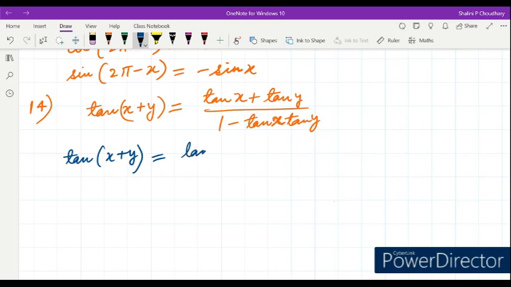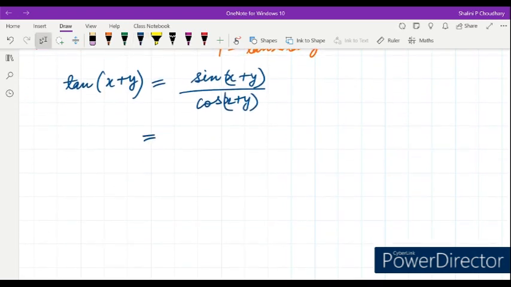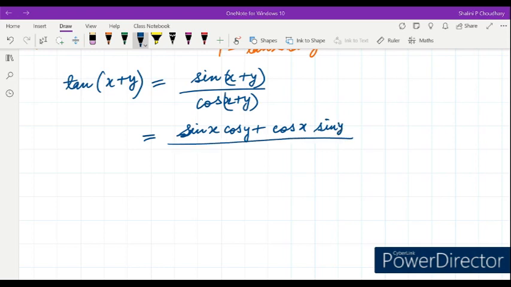Tan x means sine x plus y divided by cos x plus y. Okay. Now what formula we are getting for sine x plus y? For sine x plus y, we are getting sine x cos y plus cos x sine y divided by cos x plus y. What is the formula of cos x plus y? That is cos x cos y minus sin x sin y.